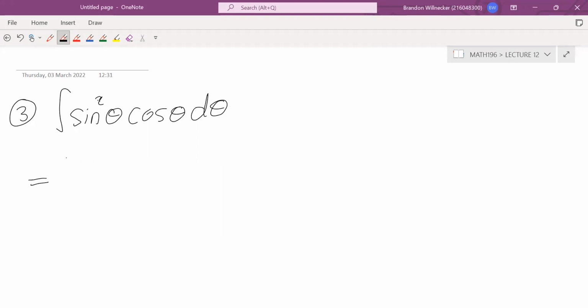So this is equal to the integral of sine squared theta cos theta d theta. We can also write that as the integral of (sine theta) squared cos theta d theta. Okay, so maybe if we write it like that, it will be a bit easier to spot. So if you just look at this now, what should we let u be?